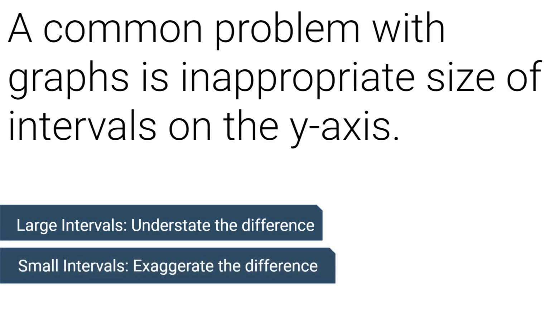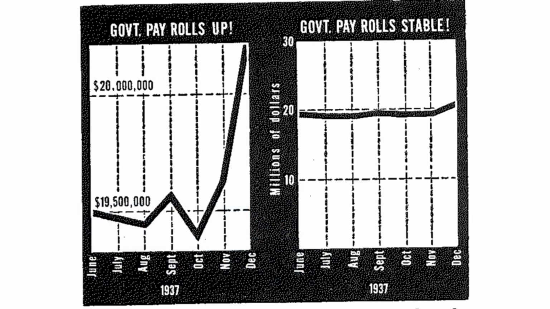Be wary of statistical reports that manipulate the size of these intervals to support their claims. Here's an example of this taken from 2 different 1930s reports on government payrolls. Both graphs are based on the same set of data, but tell different stories solely by manipulating the size of the intervals on the y-axis.